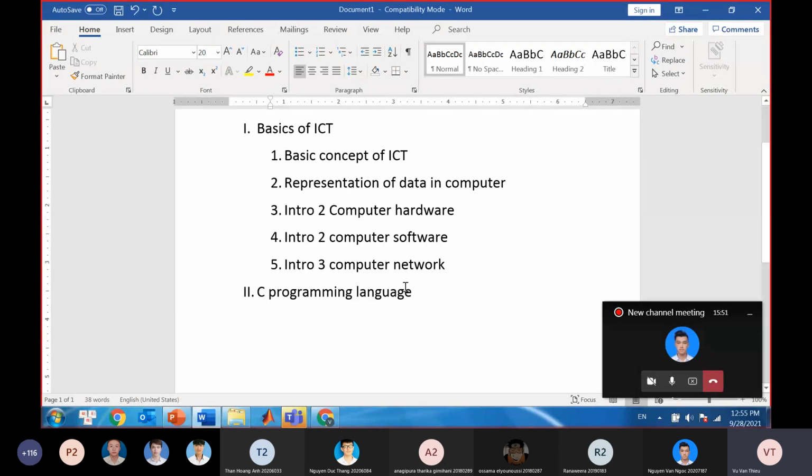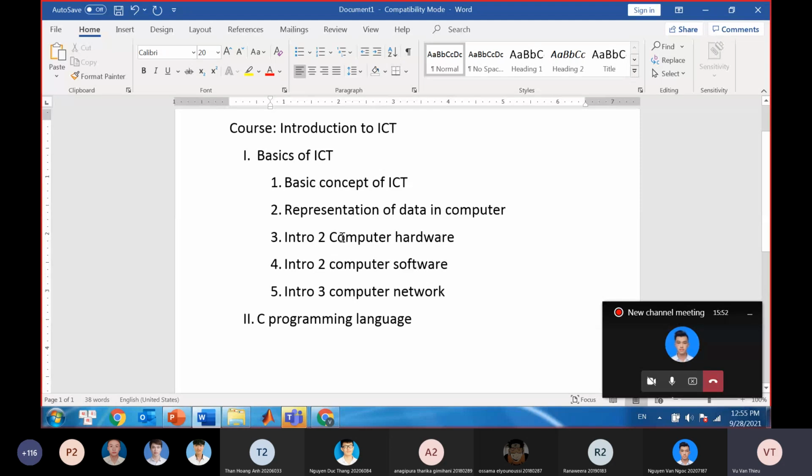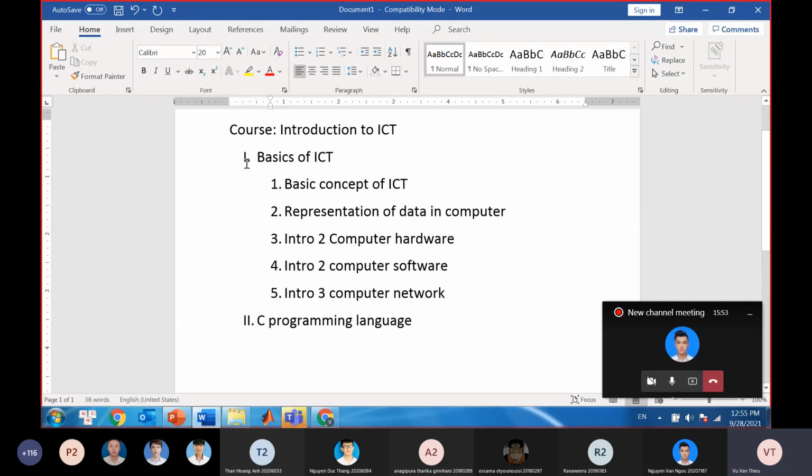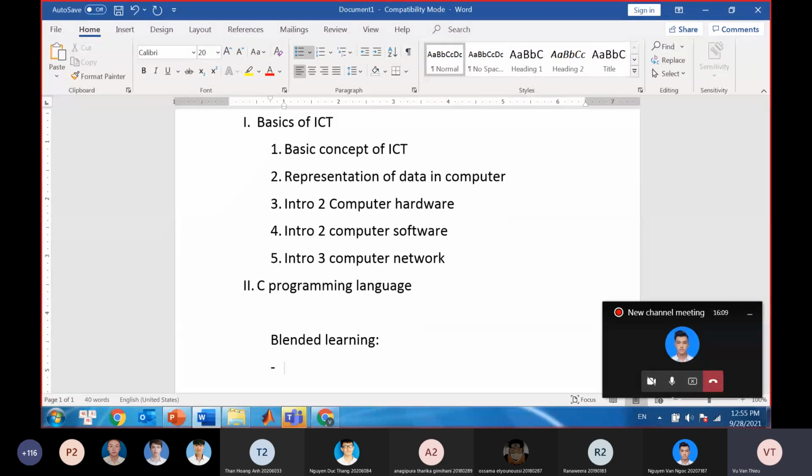Okay, so about the course, it will be organized as blended learning. In some weeks I will send you the materials in which I record the theory, and I will also send you some exercise so you can study at home yourself.